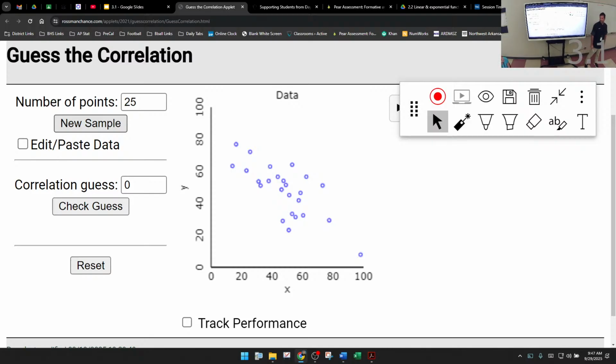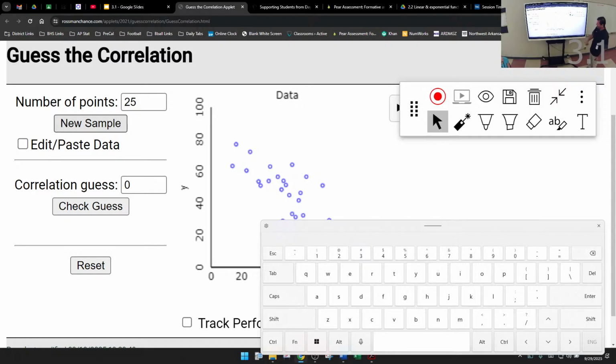Oh, it's like at 100. It's either 8, 8 or like 9, 2. It's like a negative point. No, the last point's at 100. Negative 8. It's gonna be like 8, 9.